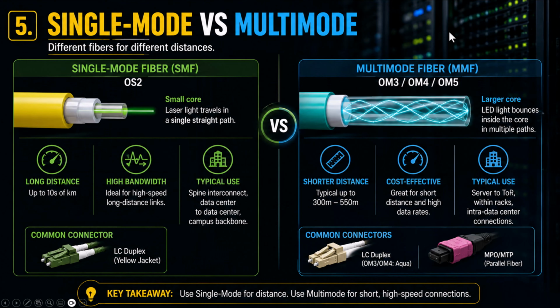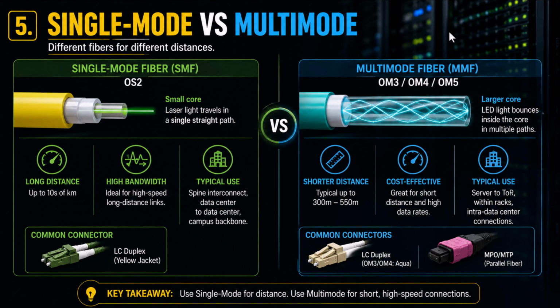Not all fiber is the same. Two of the most common types are single-mode fiber and multimode fiber. Single-mode fiber is typically used when we need longer distance communication. You'll commonly see it used between buildings, sites, data center areas, or other longer optical paths.